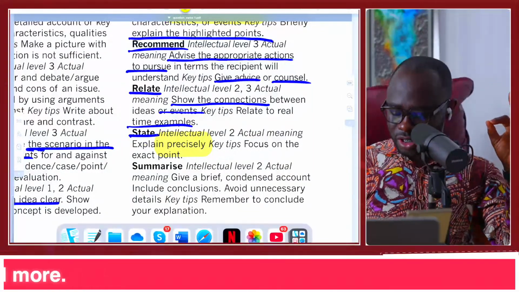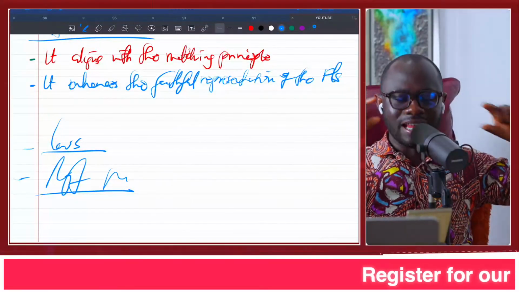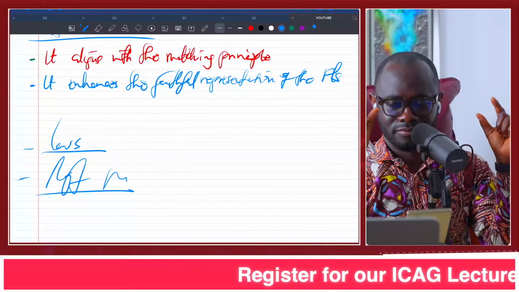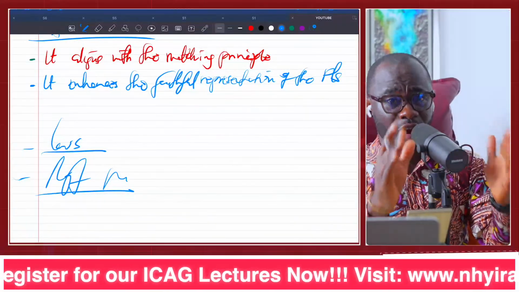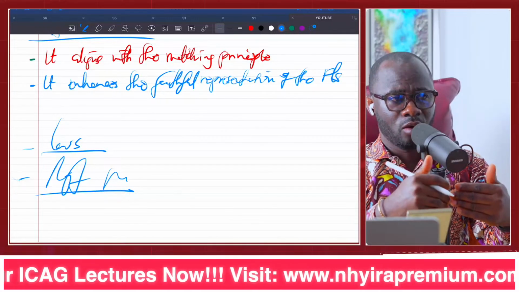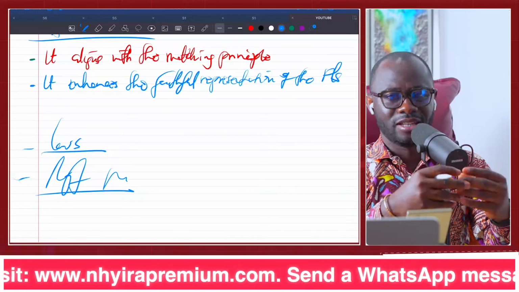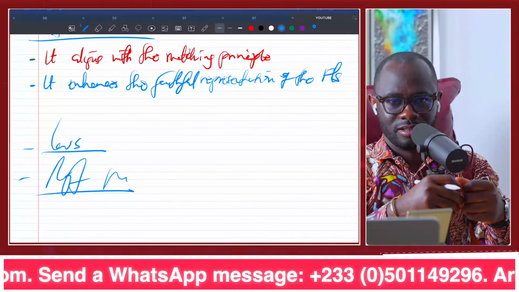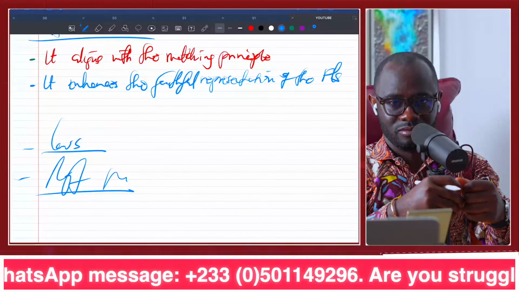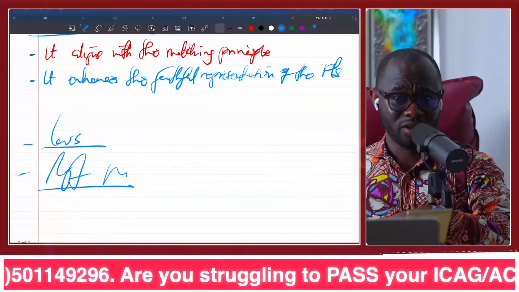In other words, your answer must be in a simple sentence that is understood. I hope you are seeing the difference here, because a lot of you fall into that category where you hear state, then you're writing words down. You're writing phrases down. And you're like, oh, they just said state. No. You explain precisely. That is what the examiner is expecting you to do.